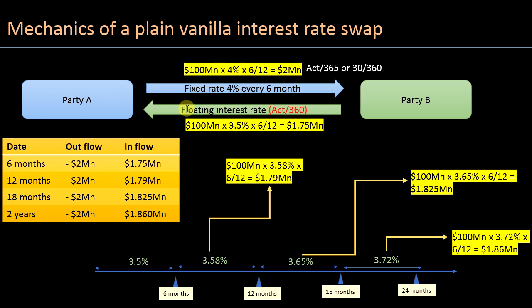So for example, when we are talking about floating interest rates in an interest rate swap, we normally use a day count convention called actual over 360 days. But for a fixed interest rate, in other words, for the fixed interest rate payments, we can either use actual over 365 days or 30 over 360 days.